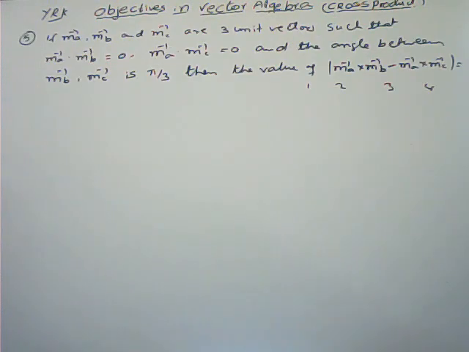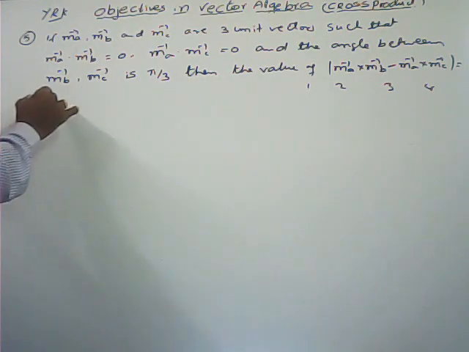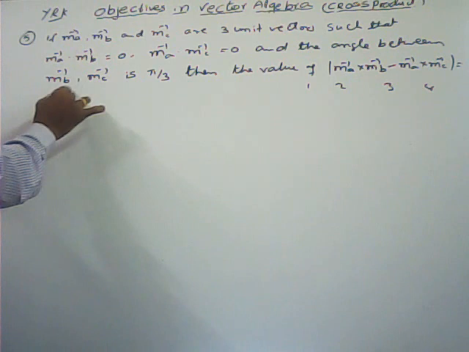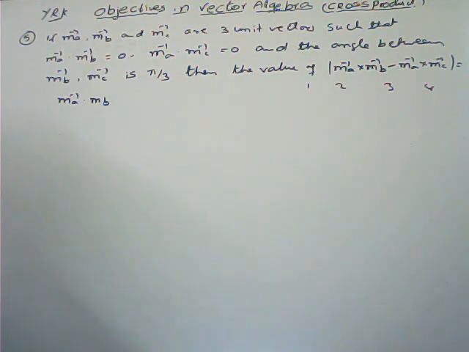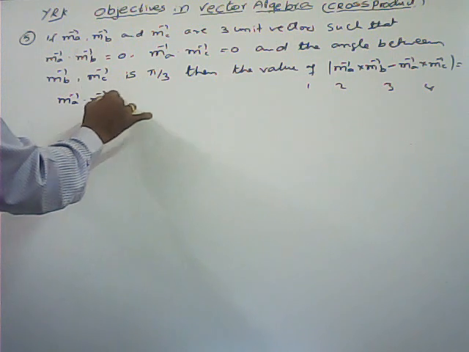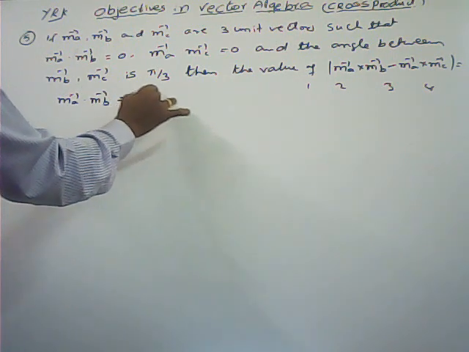Next one, MA bar, MB bar and MC bar are 3 unit vectors such that MA bar dot MB bar equals 0 and MA bar dot MC bar equals 0. So here MA bar dot MB bar and MA bar dot MC bar, both are unit vectors only, so MA bar dot MB bar equals MA bar dot MC bar.